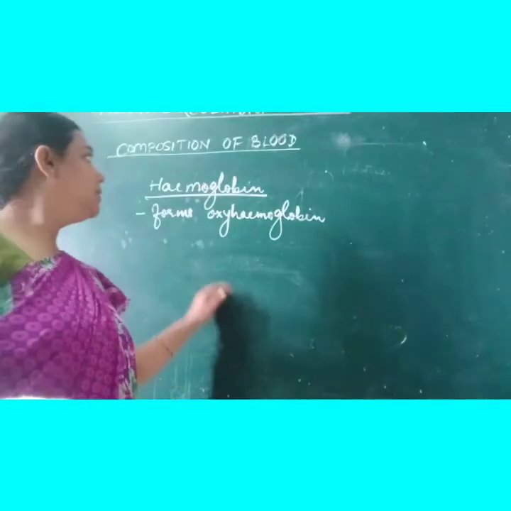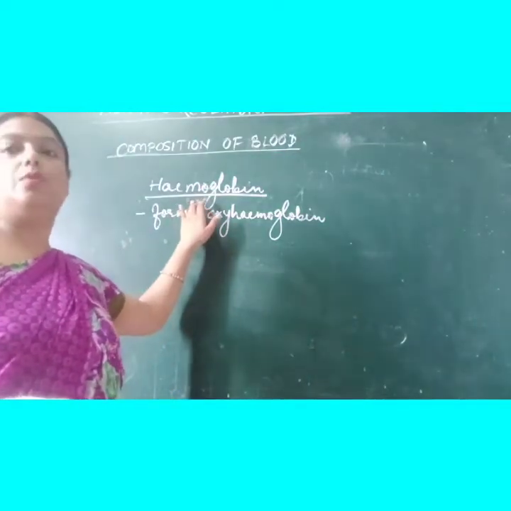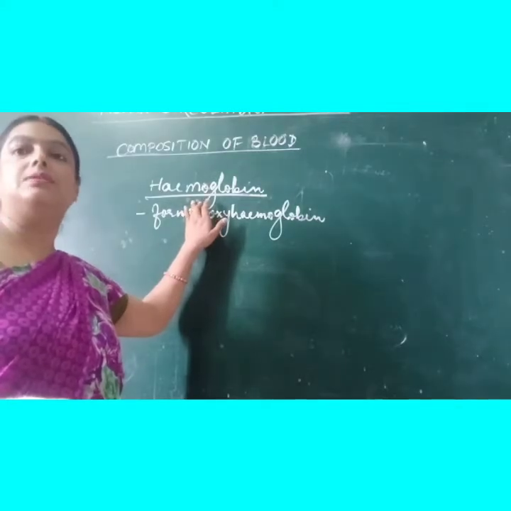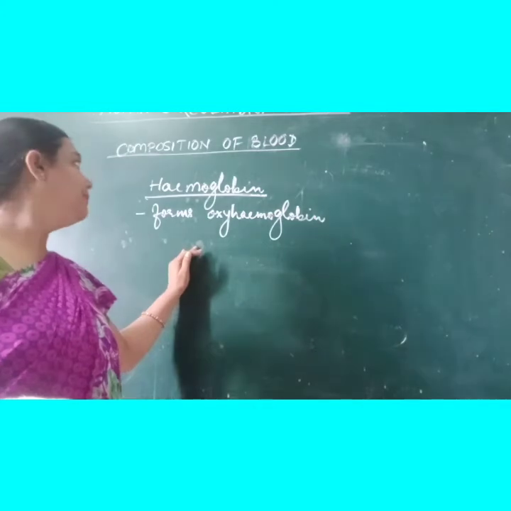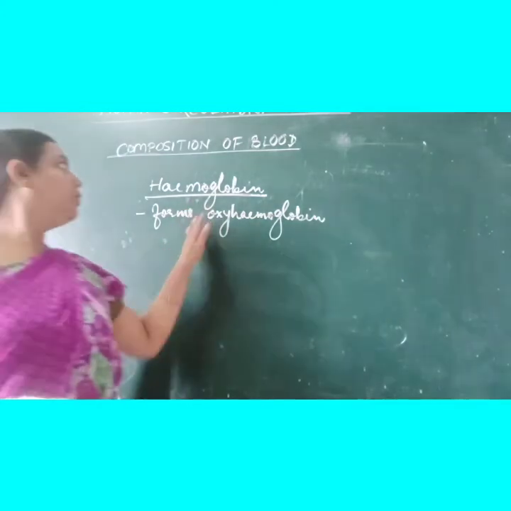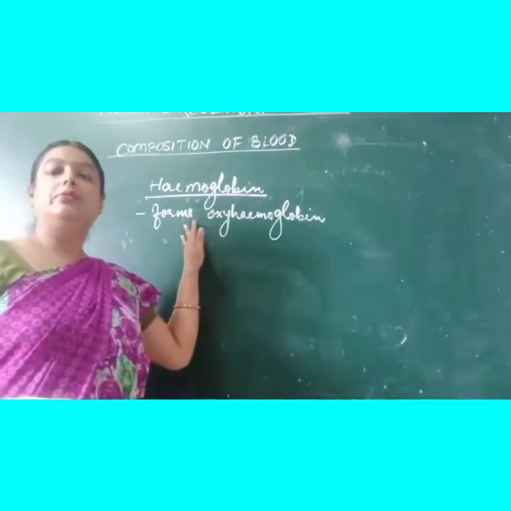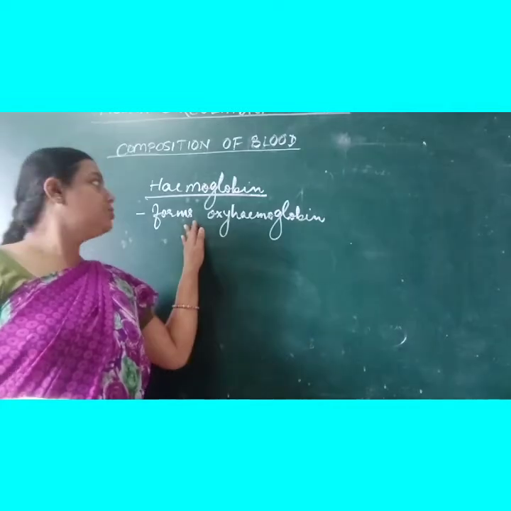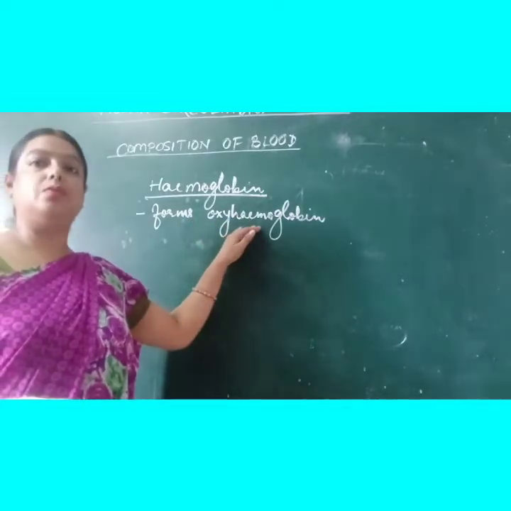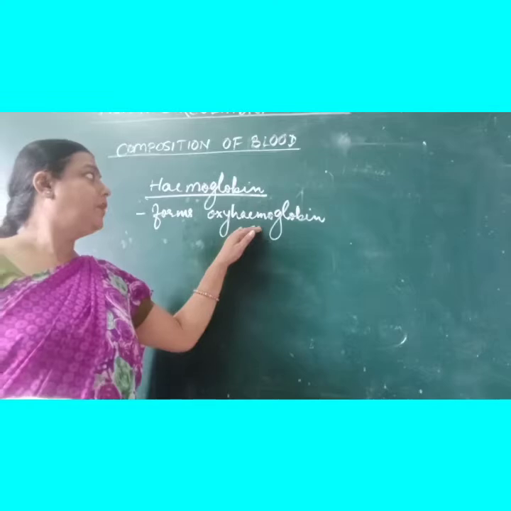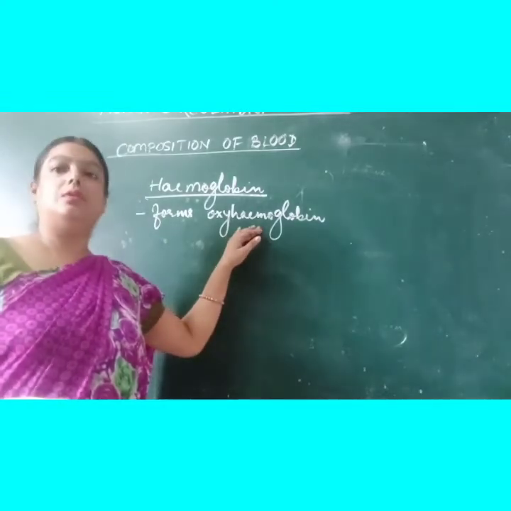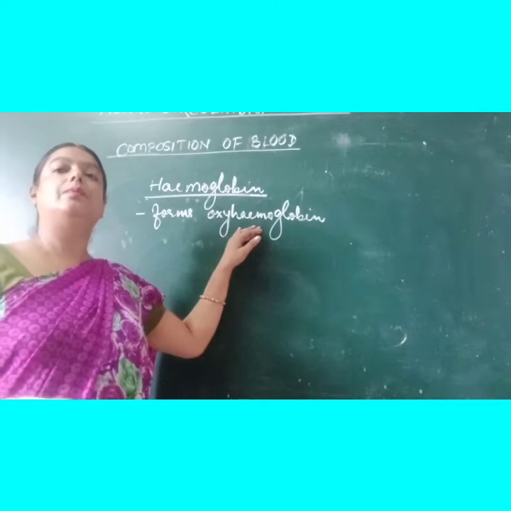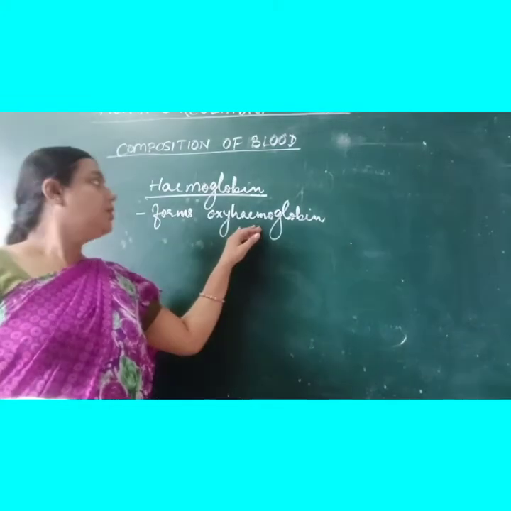Children, because of this hemoglobin itself, RBC appears red and overall blood appears red in color. And hemoglobin readily combines with oxygen to form an unstable compound which is called oxyhemoglobin. Oxyhemoglobin readily gives up oxygen to the needy tissues.